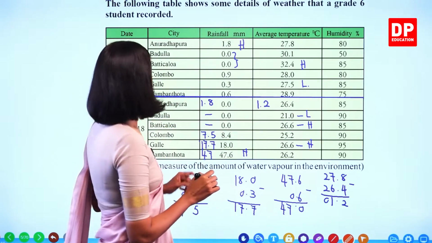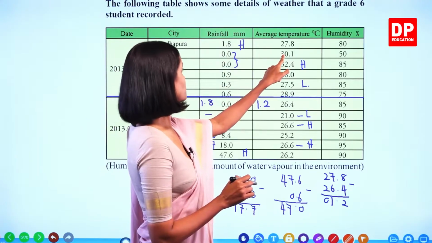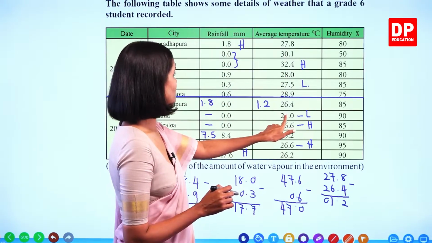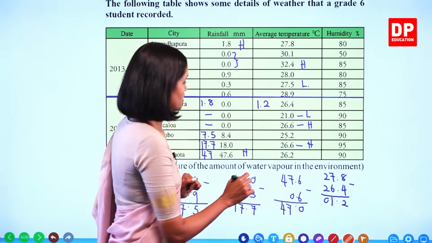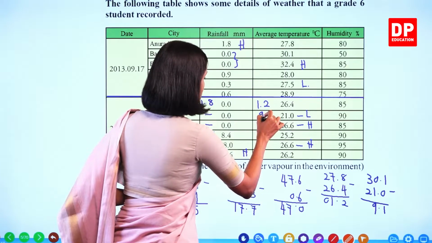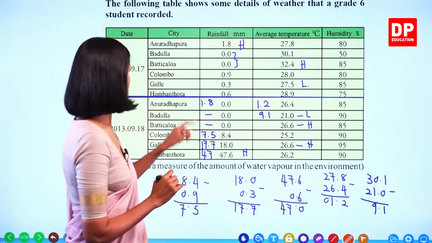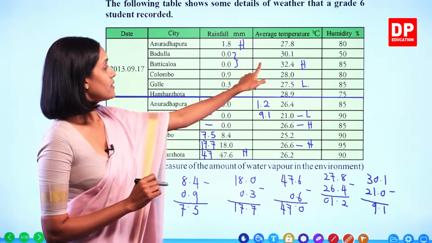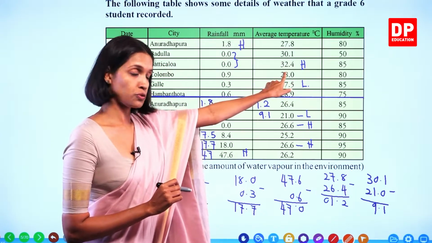Okay? Badulla 30.1, here 21.0. Right? 30.1 minus 21.0. 1, 9. Right? 9.1. Then Batticaloa. Here 32.4.